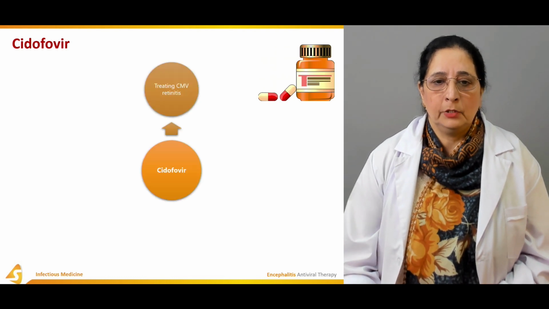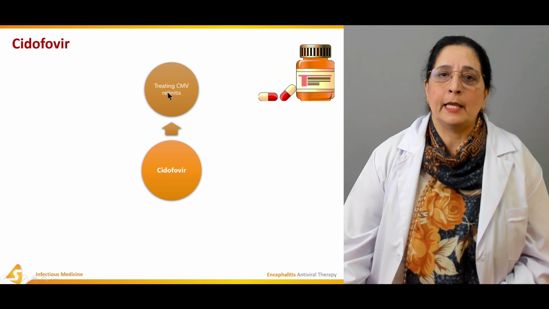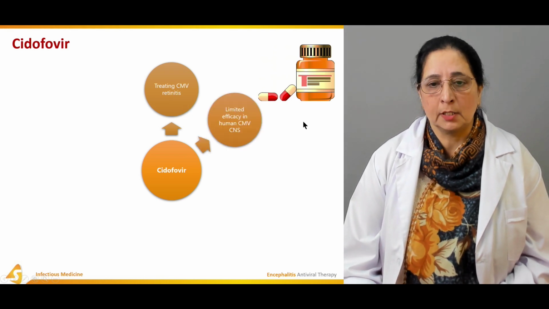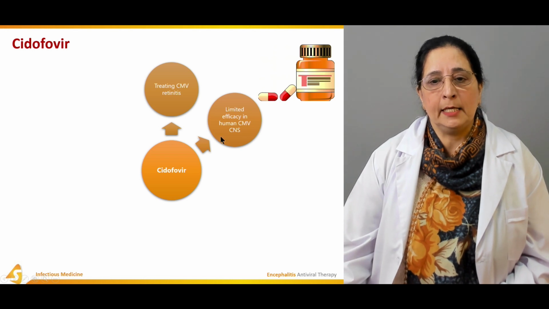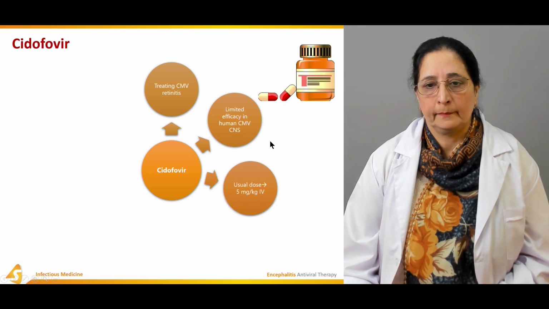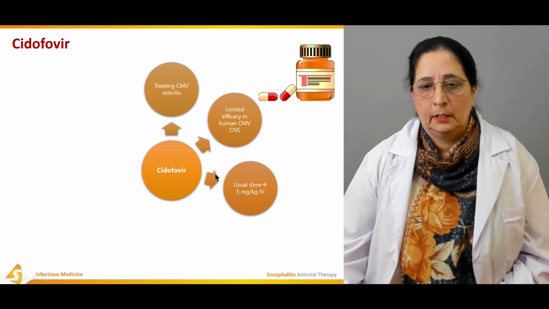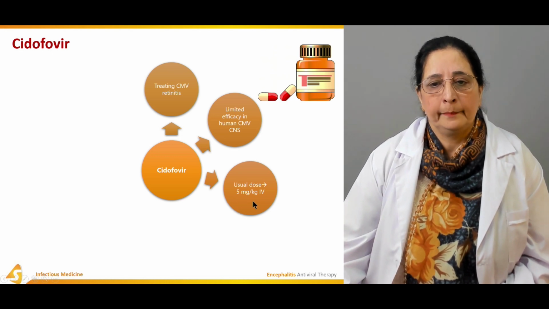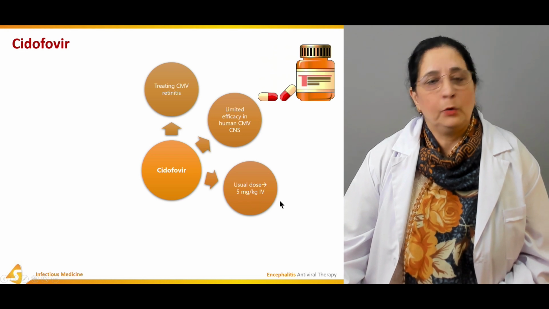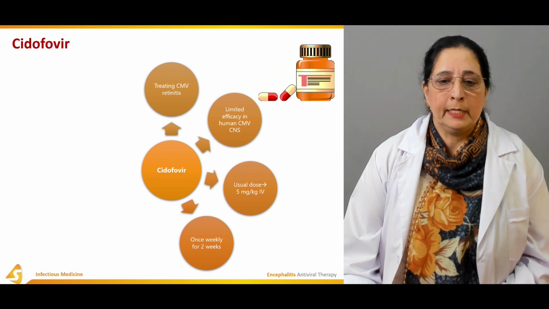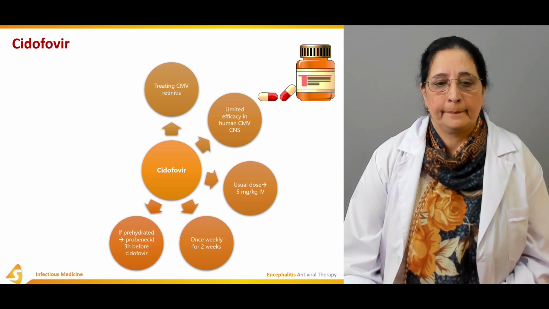Cidofovir is used for treating cytomegalovirus retinitis. It has limited efficacy in human cytomegalovirus central nervous system involvement. Usual dose is 5 milligrams per kilogram intravenously, once weekly for 2 weeks.